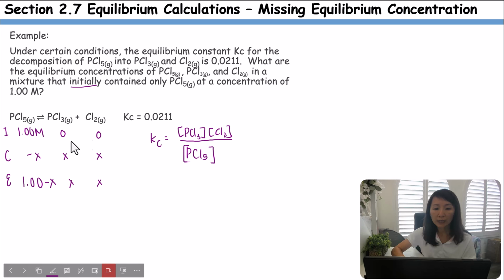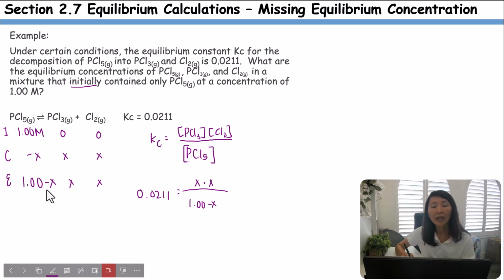For example, PCl3 concentration at equilibrium. How do I know it's at equilibrium? Because it's represented with K. At equilibrium it is X. Same for chlorine, it's X, and for PCl5 it's 1.00 minus X. So we'll put that in: X times X all over 1.00 minus X. Also, we know the Kc value, which is 0.0211.